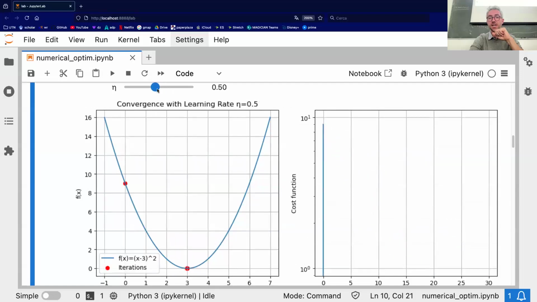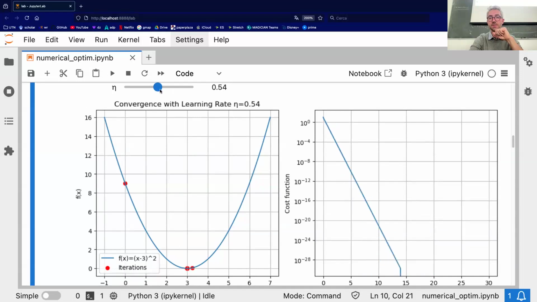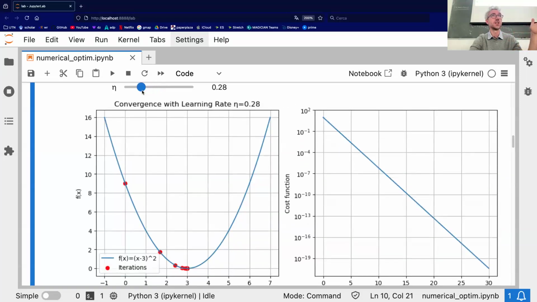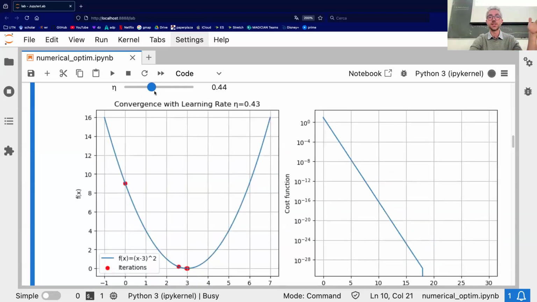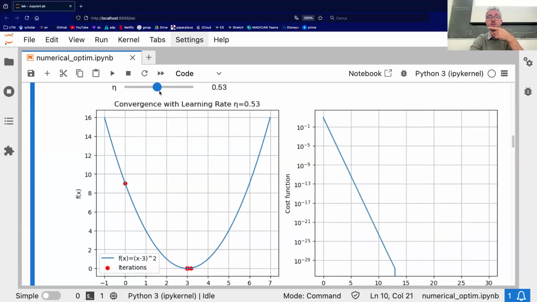But if we go too high, you can see here at 0.5, something starts happening. Before 0.5, all the red points are on the left of the minimum. But when we pass 0.5 as a learning rate, we start seeing some red points on the other side.